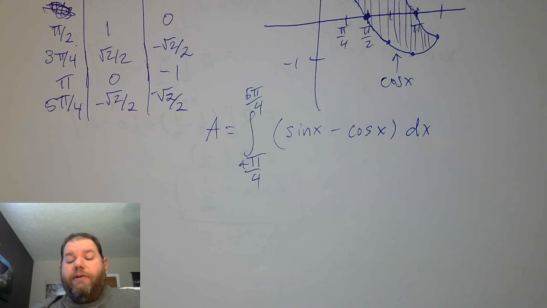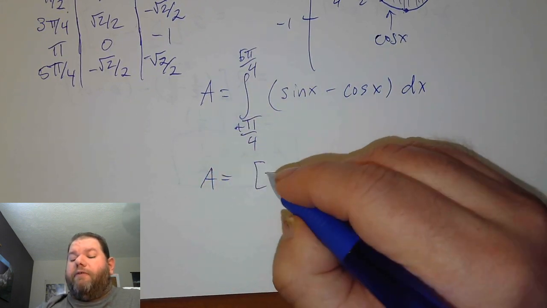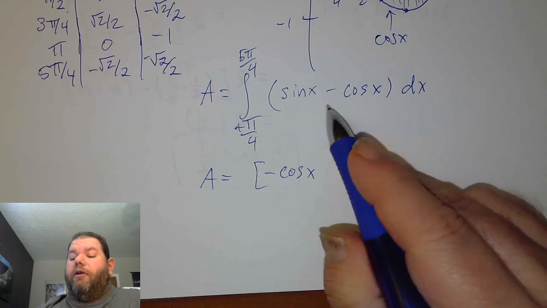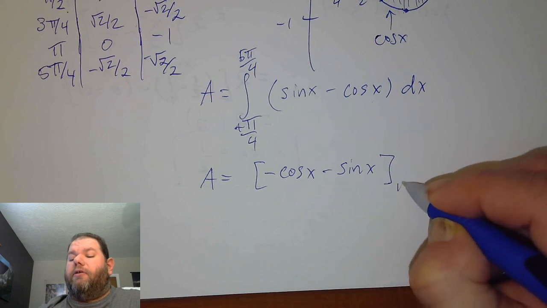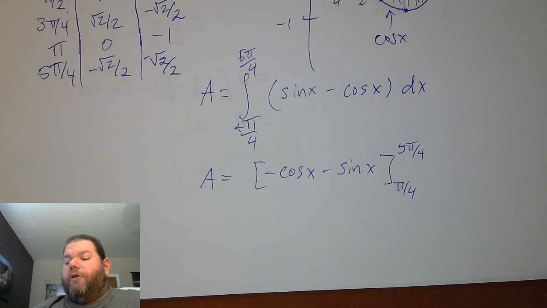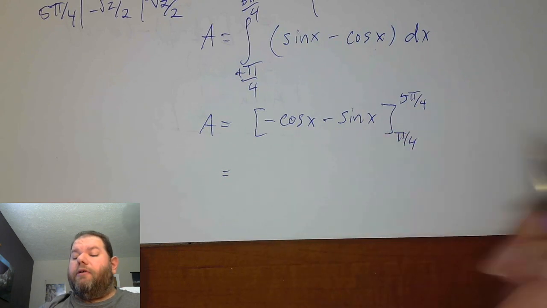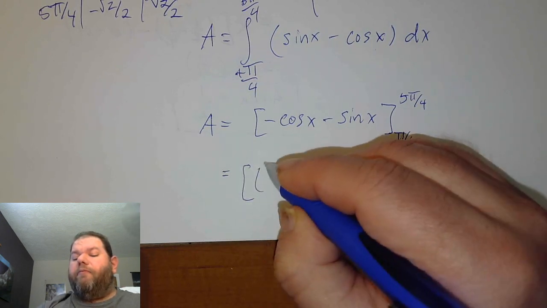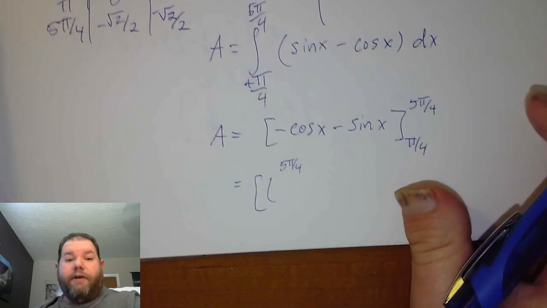Now we go ahead and integrate sine x, which gives us a value of negative cosine x. We integrate negative cosine x, which is negative sine x. And we integrate from pi over 4 to 5 pi over 4. So, plugging in those values, at 5 pi over 4, we know negative cosine x, and we already found these values in our table.